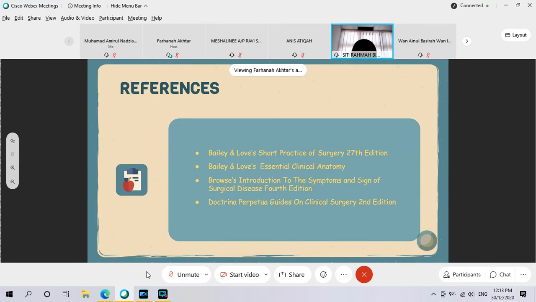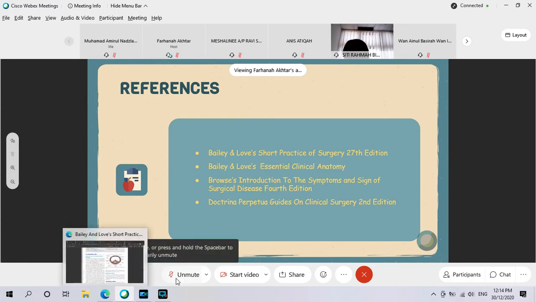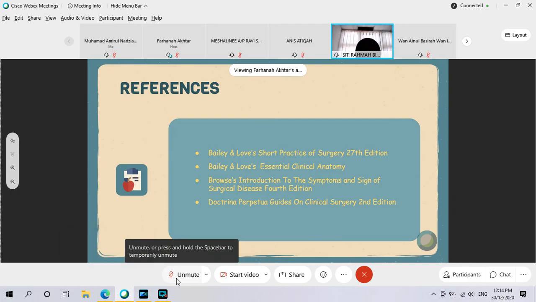Okay, any other question? Tak ada soalan dah? Mana ketua kumpulan?